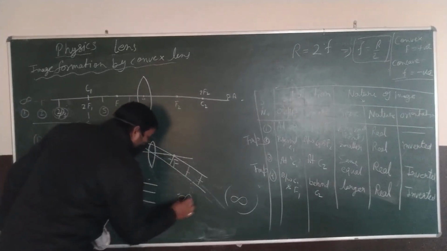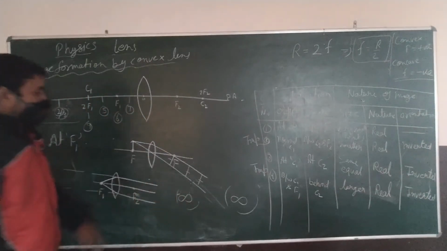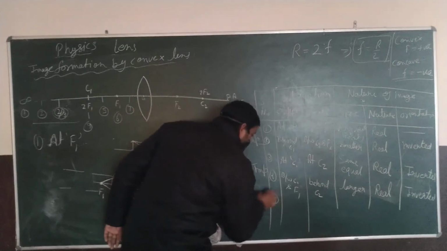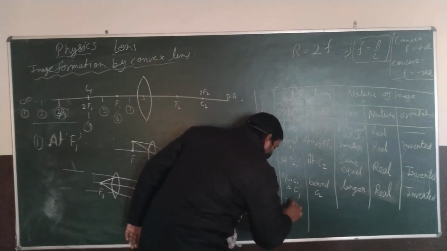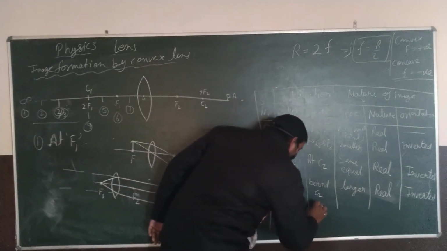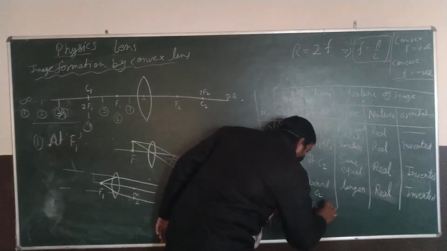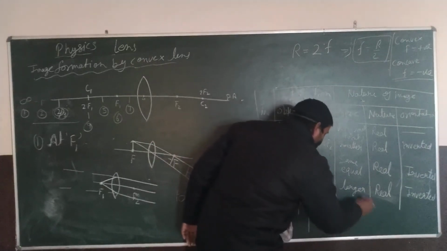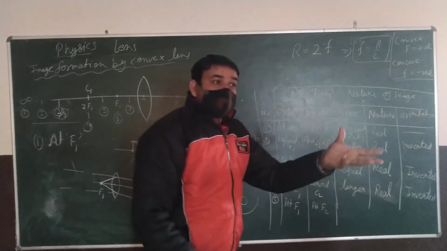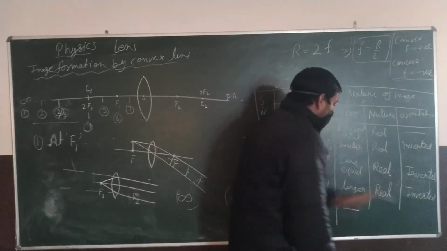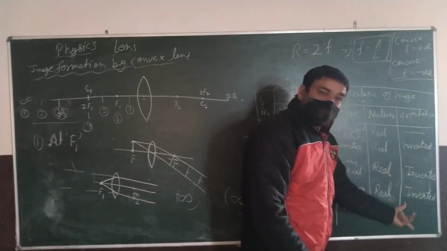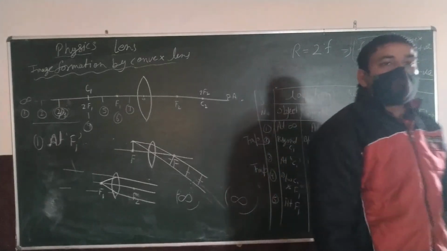So in this case, the image is formed at infinity. So the fifth point is at F1, the image at F2, and here we cannot define the side. Here not defined, and this is also not defined.